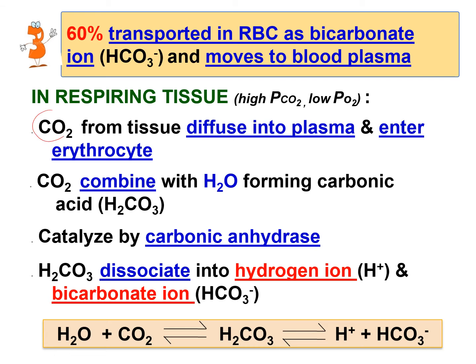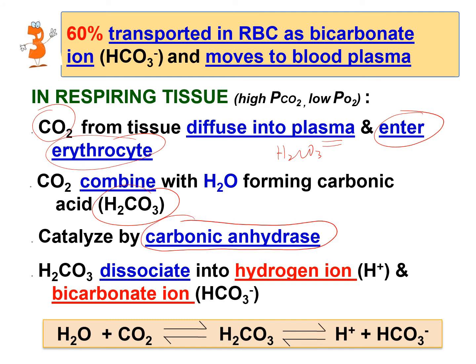Carbon dioxide from tissue diffuses into plasma then enters the erythrocyte. The 10% earlier, carbon dioxide diffuses into the plasma and forms H2CO3. So the same thing actually occurs, but it occurs in the erythrocyte, forming carbonic acid, catalyzed by carbonic anhydrase.